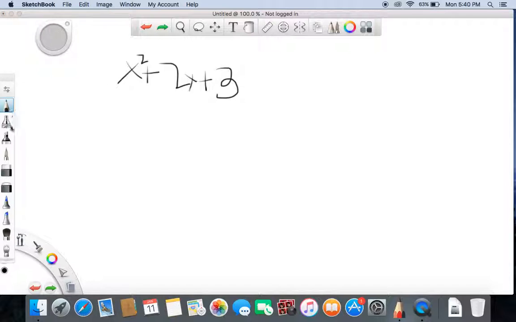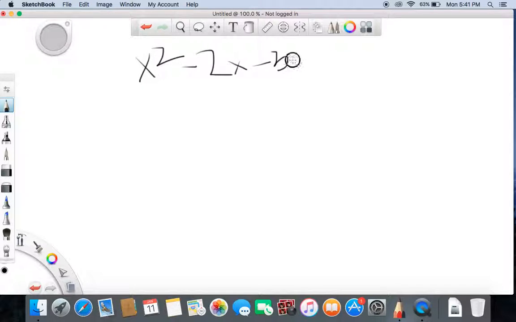So you have to think of a number that multiplies to, I'm actually changing that question because I just realized that question is not possible. This question is possible. Think of a number that multiplies to negative 3, because this is a negative 3. Oh my god, I'm a mess. This is a negative 3, not a positive 3.